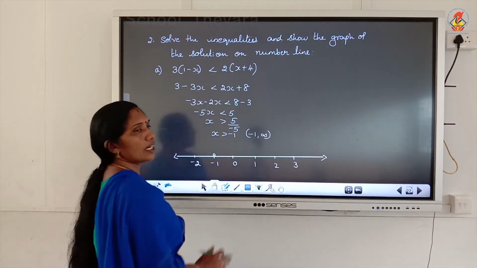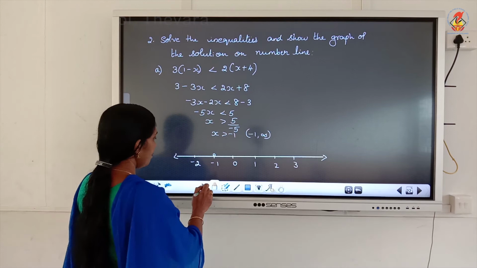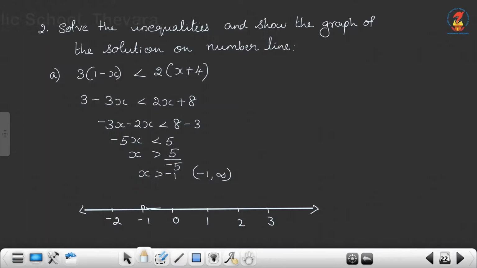So this right side portion you have to darken. Darken means the number line you have to darken, like this, and the arrow also. Okay. Arrow also to darken.